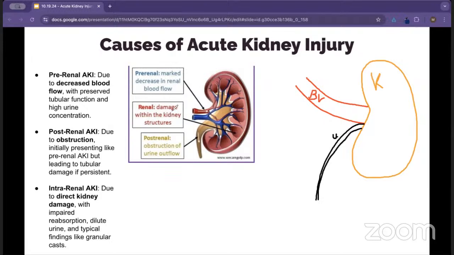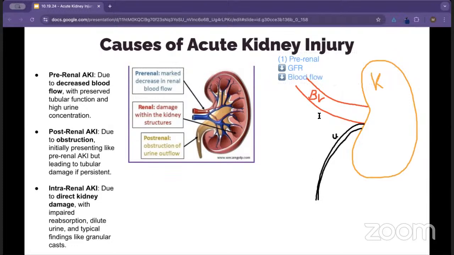So if there is a pre-renal disease, that basically means that there is decreased GFR. So let me write that down. Decreased GFR, and also decreased blood flow.